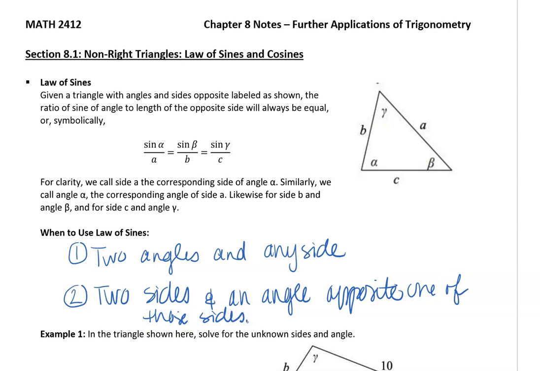Those are your situations that you want to go to the law of sines. Now again, let me remind you, these are non-right triangles. If you were given two sides, do not jump to Pythagorean theorem if you do not know it's a right triangle, because it will not work. You will be working with incorrect information.